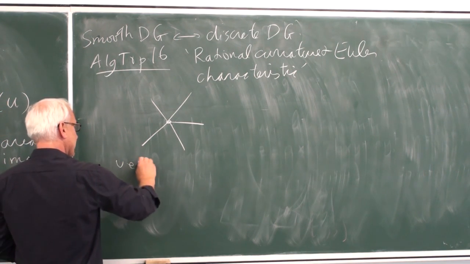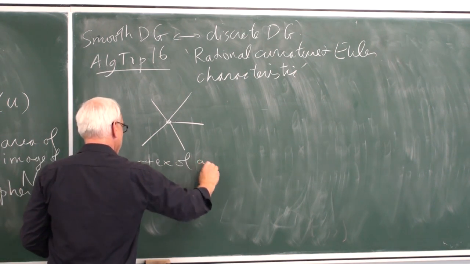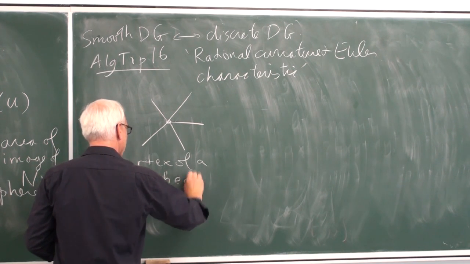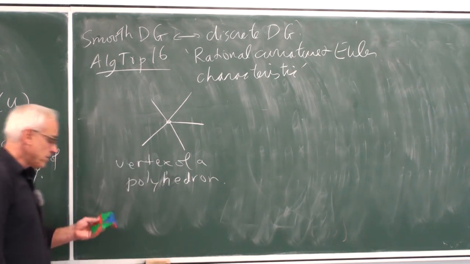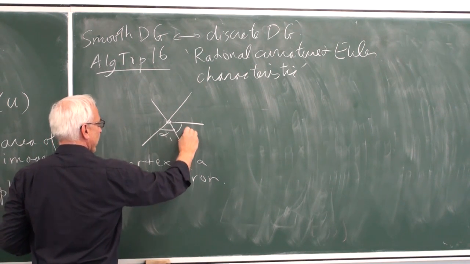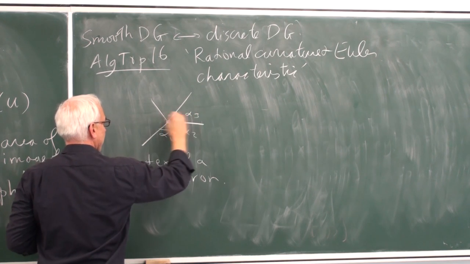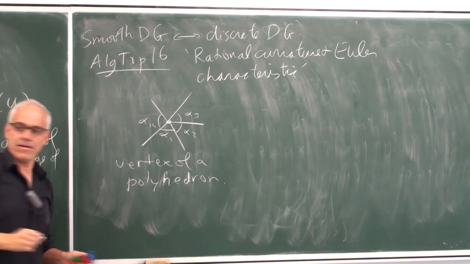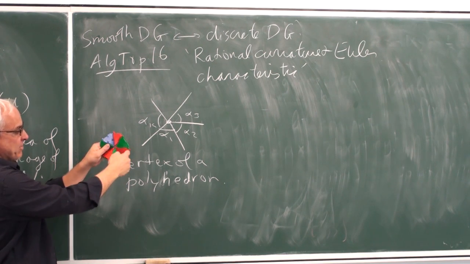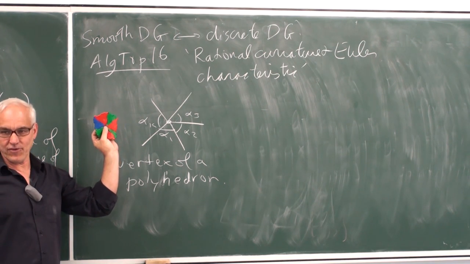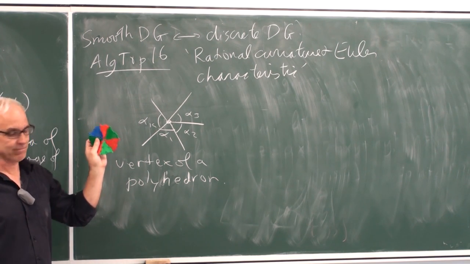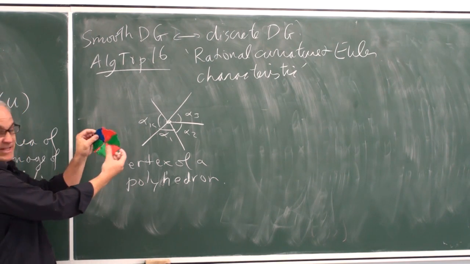So this is a vertex of a polyhedron, and let's say there are various angles, so maybe angle alpha 1, alpha 2, alpha 3, up to alpha k. In this case, there happen to be 7 equilateral triangles, so 7 times 60 degrees.